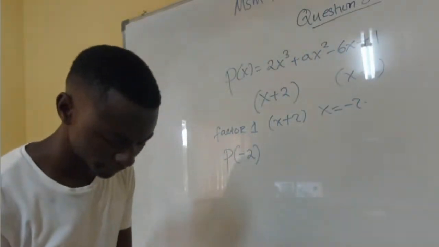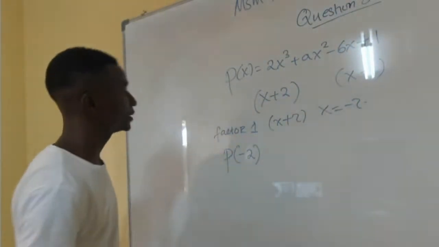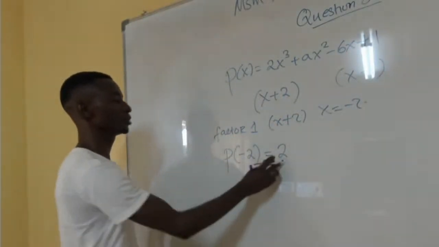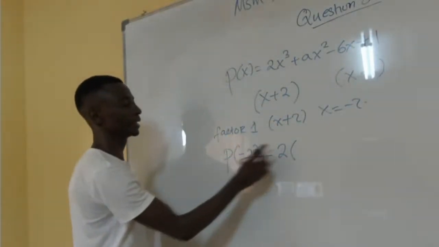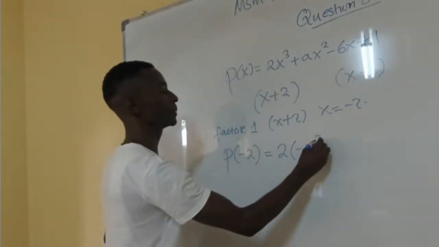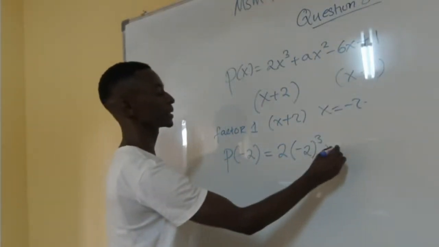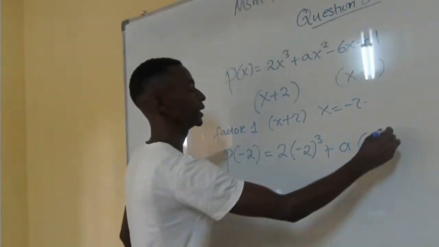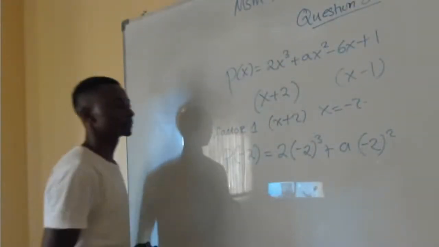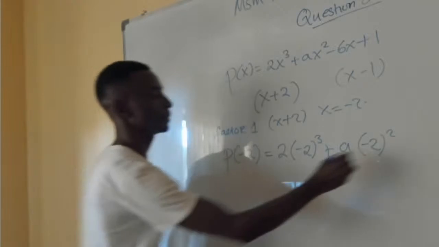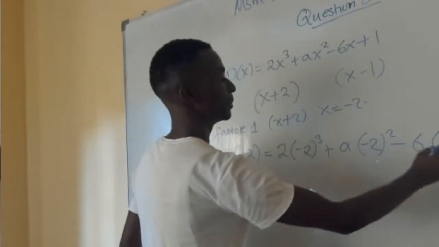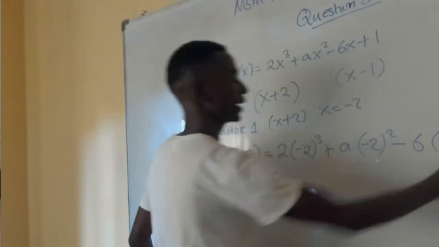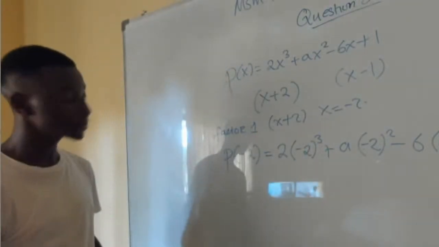So P of negative 2 means you're having 2 multiplied by negative 2 to the power 3, plus a multiplied by negative 2 to the power 2, then minus 6 multiplied by negative 2, plus 1. That's what you're supposed to do.